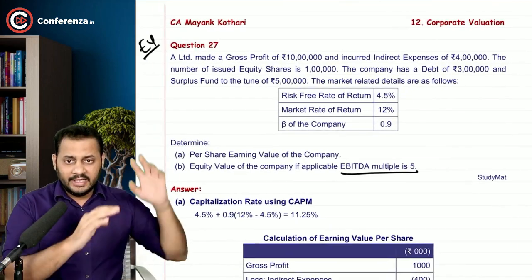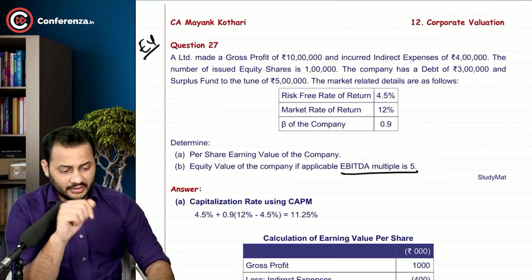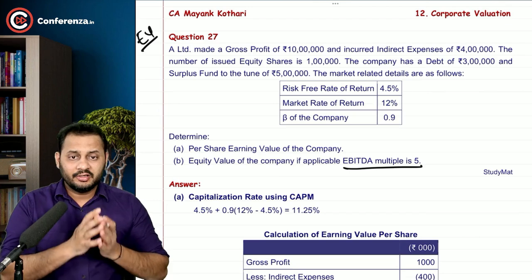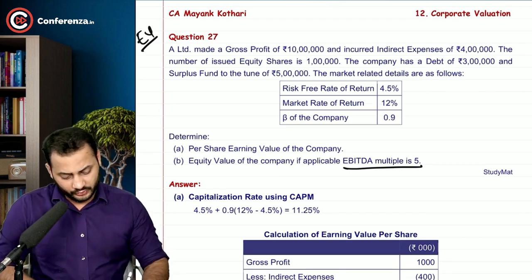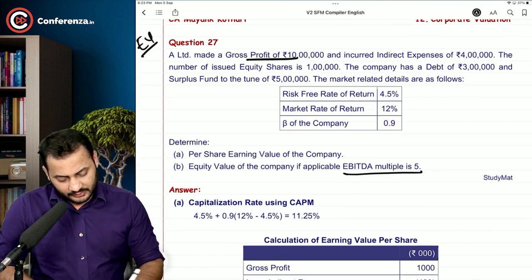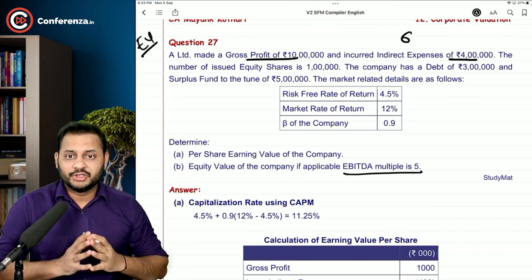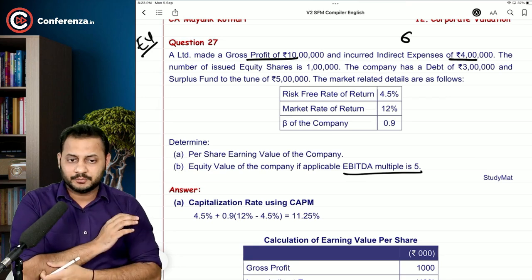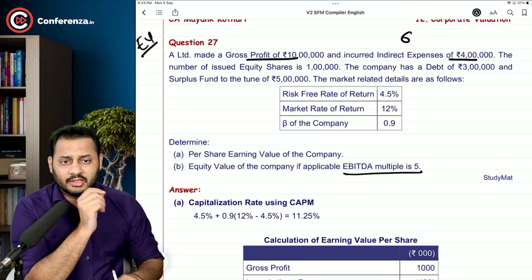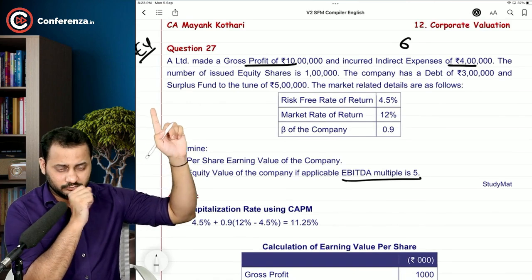See, A Limited made a gross profit of 10 lakh and incurred indirect expenses of 4 lakh. So you can clearly see that 10 lakh is the profit, 4 lakh is the expense, so 6 lakhs is left. The number of issued equity shares is 1 lakh. And the company has a debt of 3 lakhs.